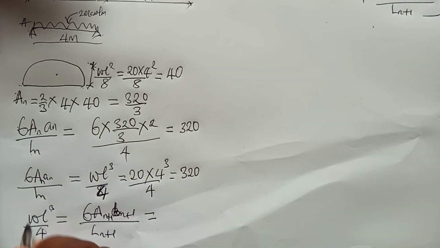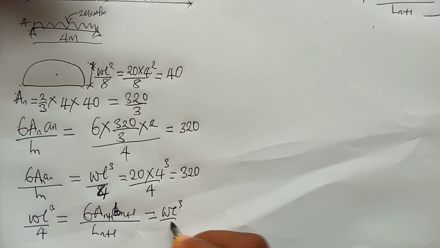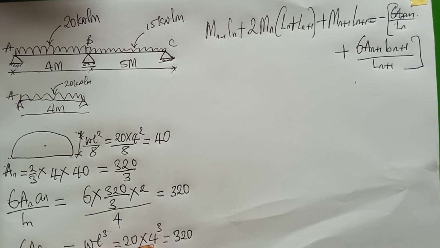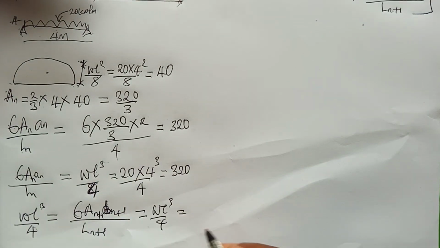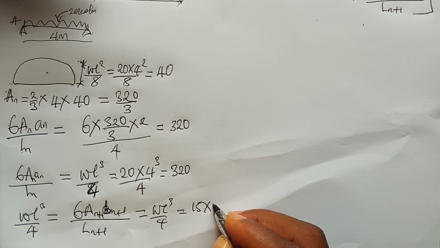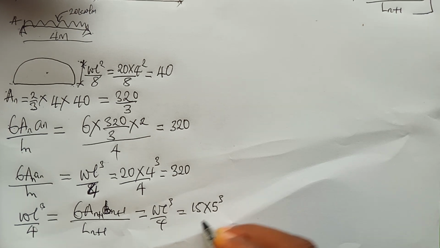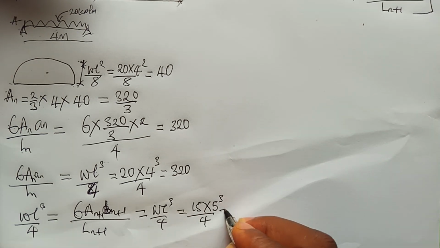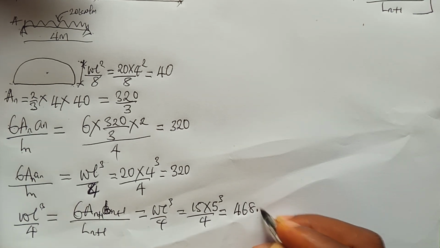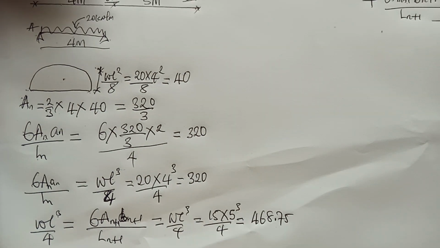So, applying the formula WL raised to the power 3 over 4, W here is 15 kilonewton and our span is 5 meters. So we have W, which is 15, multiplied by span, which is 5, raised to the power 3, then all over 4. When you deal with that, you have 468.75.